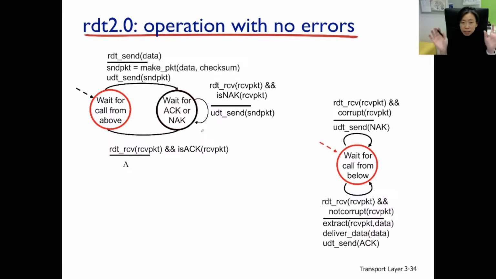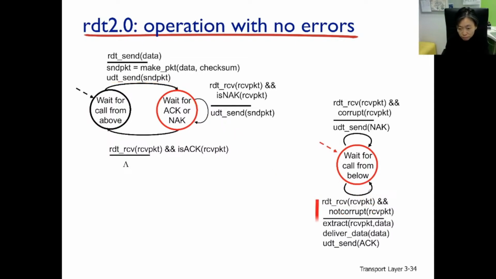Okay, let's do it again. At the beginning, starting state here, the sender gets called from above, triggering these actions, taking a transition, and the message is going to reach the receiver here. It matches this condition.